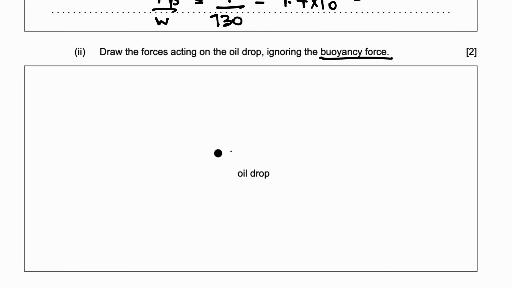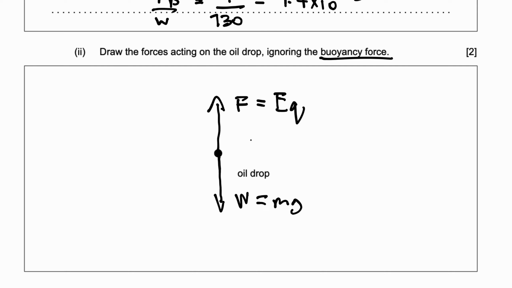We know there is a weight, which is equal to mass times gravity, and of course there is an electric force, F equals EQ. These two are equal to each other, so the summation of vertical forces is 0, and so we know that this drop is in equilibrium.